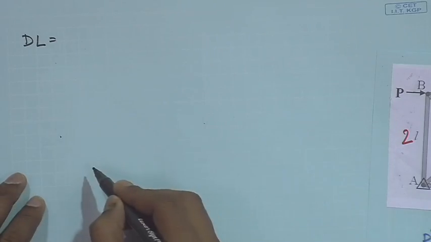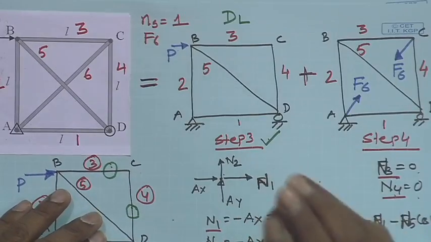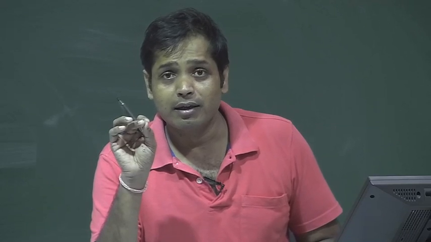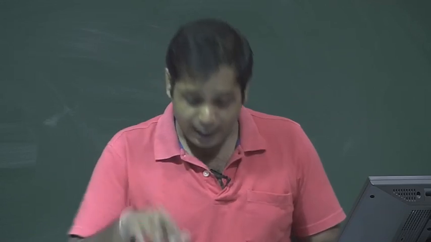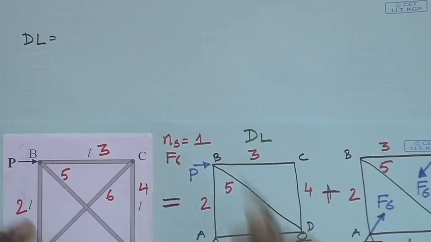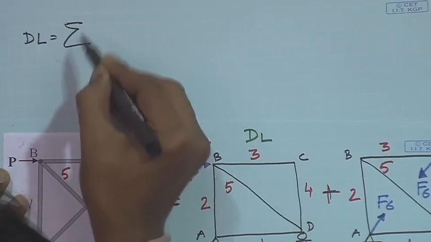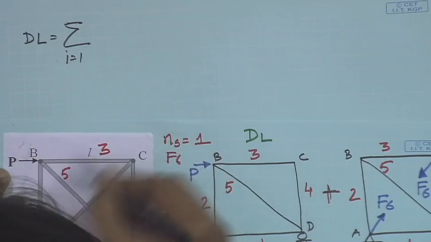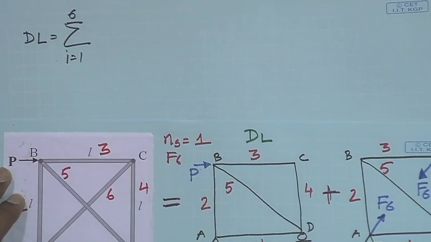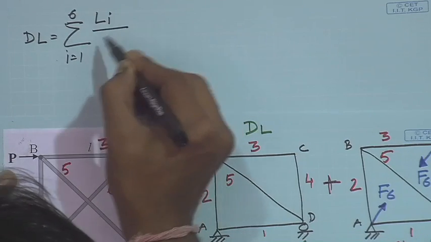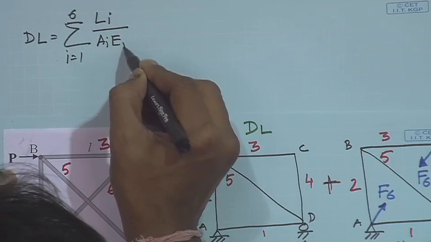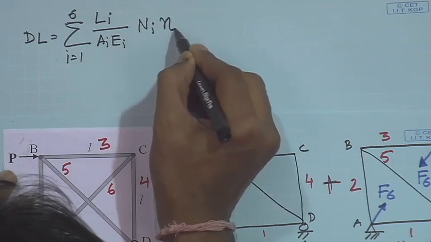In the unit load method, in the direction wherever you want to determine the deflection, we apply a unit load in that direction and analyze it. Once we get the results, DL can be obtained for a truss as the summation over i equal to 1 to 6, since there are 6 members, of Li divided by Ai Ei into Ni and small ni.